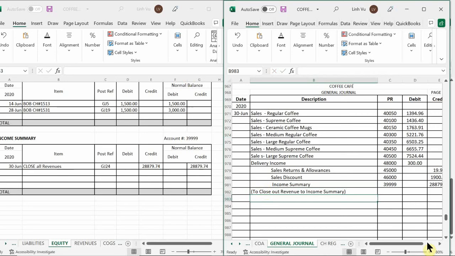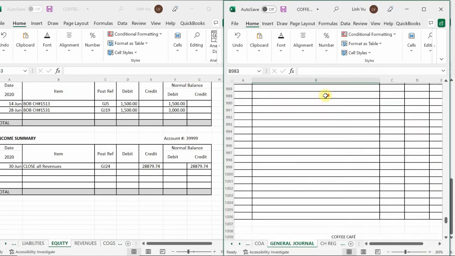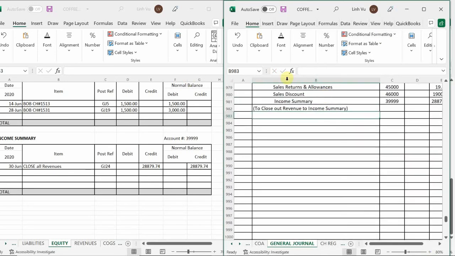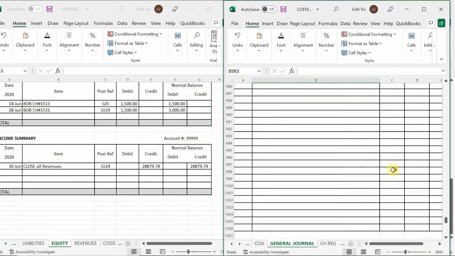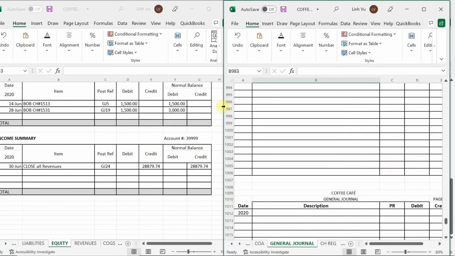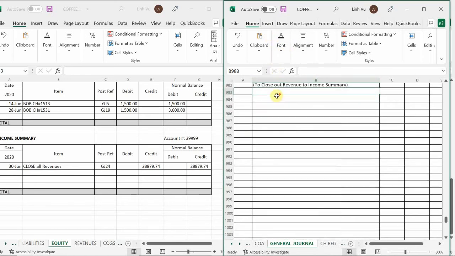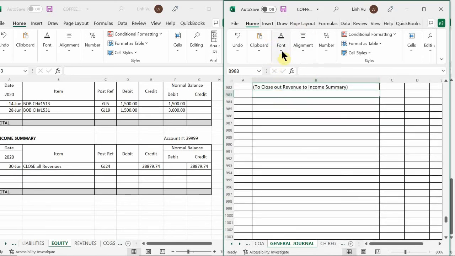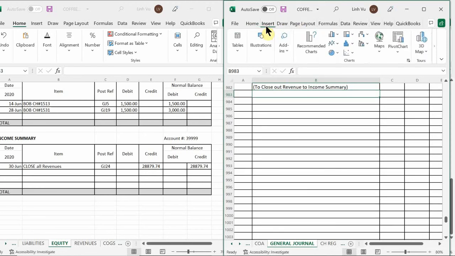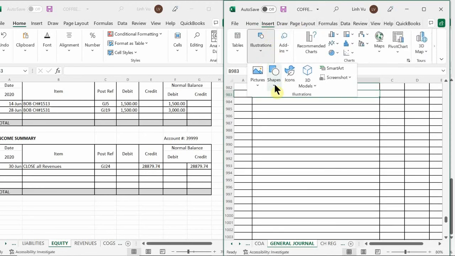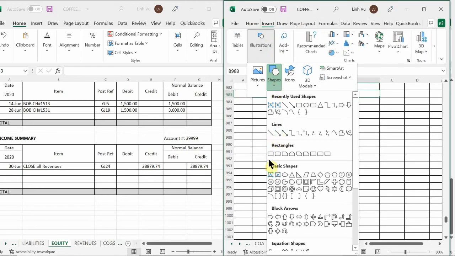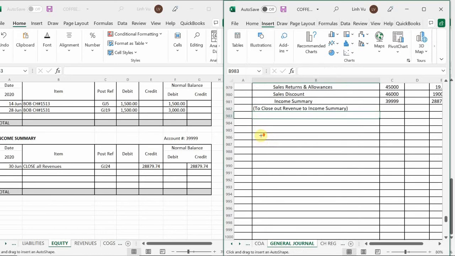Okay. Now the next section is going to take up way more space than this, because I have to now close out all of my expenses, which includes the cost of goods sold and my operating expenses. So I do need to draw a huge line, because I know for a fact that we will not have enough space to put in all of the expenses.